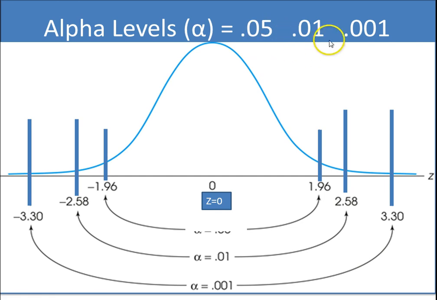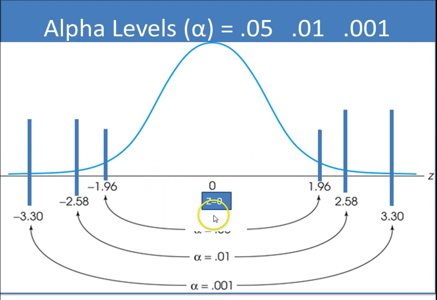If we chose an alpha level of 0.01, we would be allocating only 1% of this entire distribution to a low probability area or critical region. And if we chose the smallest alpha level, 0.001, then we are allocating only 0.1% of the distribution of sample means to low probability outcome or critical region area.